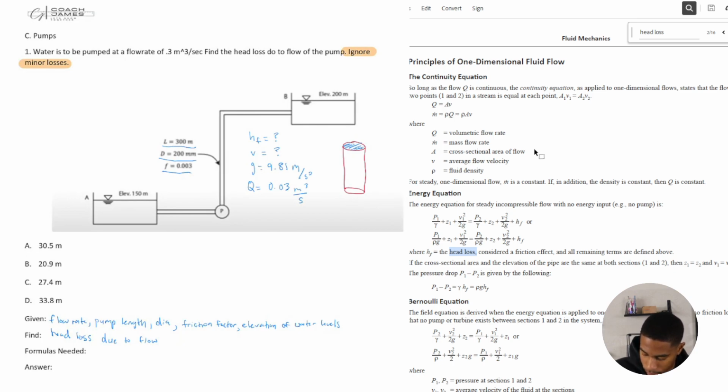We know that the flow is being shot up that way continuously, so we can use Q is equal to A times V to get our velocity. All right, so first solve for that. We'll just say Q is equal to A times V.